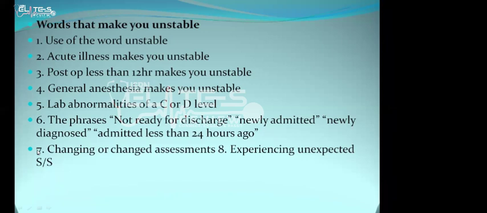I gave an example: if you have a potassium level of 3.4, you know the normal potassium level is between 3.5 to 5. So if you have a potassium level of 3.4, though it is abnormal, it's not a cause for concern.